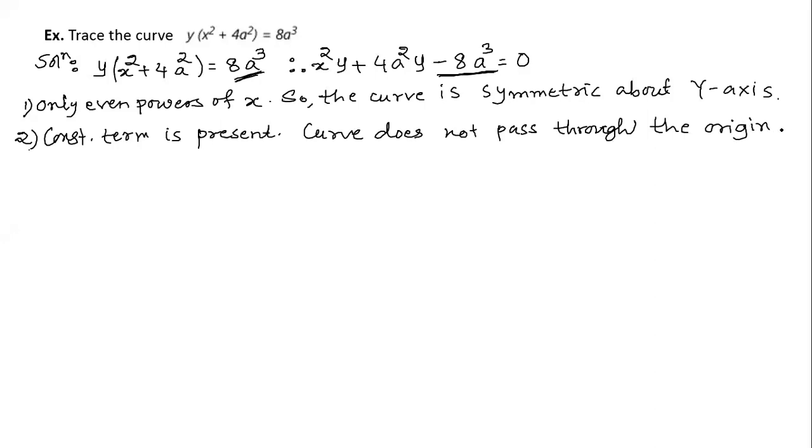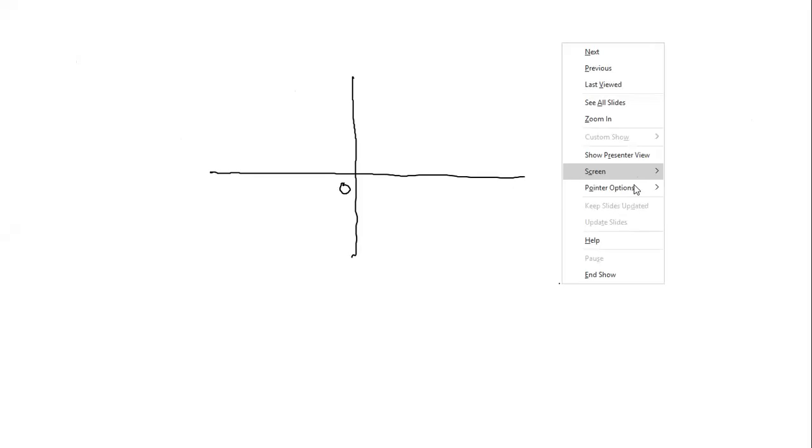So not satisfying some property is also important information for us. Like this is origin.